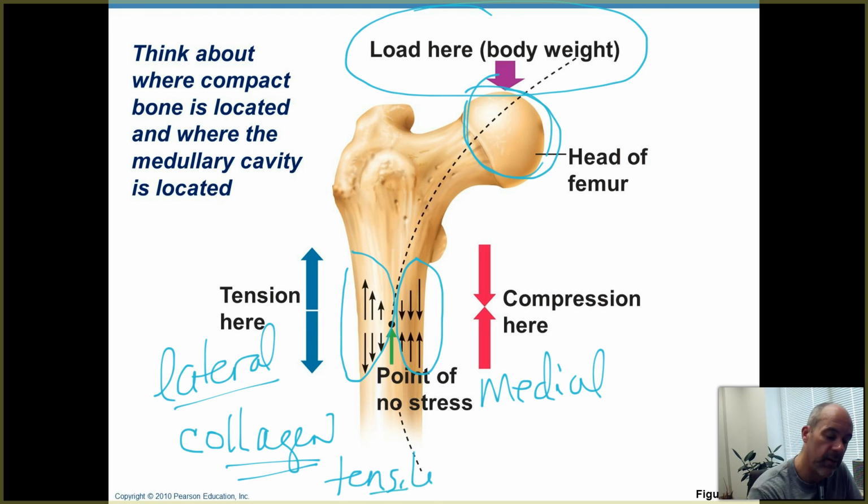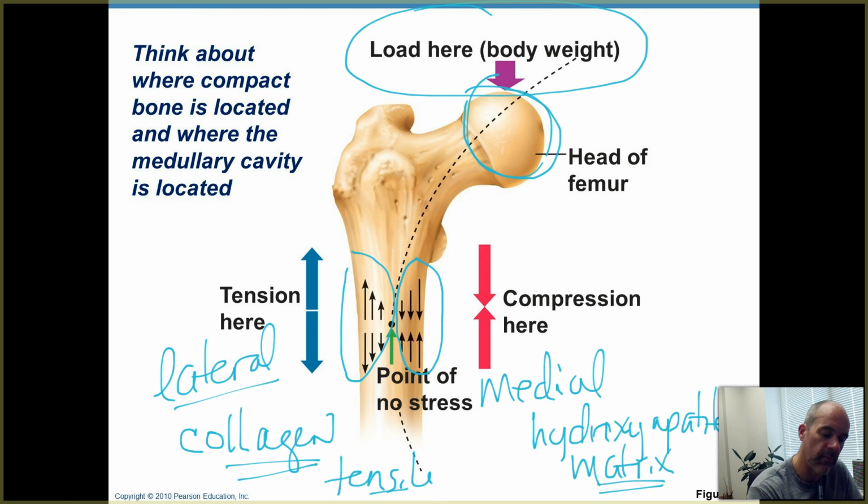Compression, the hydroxyapatite matrix. Those hydroxyapatite crystals are helping resist the compression over there on the medial side. So that's why you need all of these good things in your bony matrix. You don't just need the hydroxyapatite crystals, you also have got to have collagen fibers and other things in there as well for bones to have their proper function.